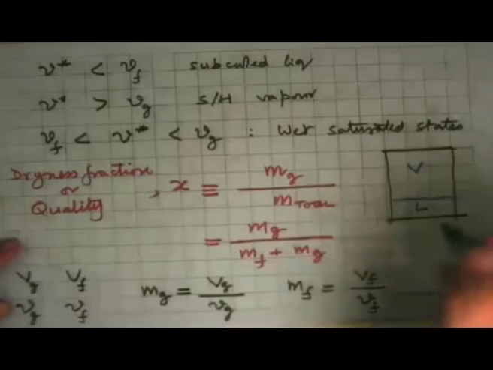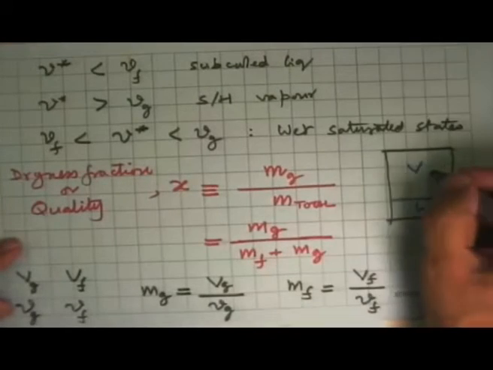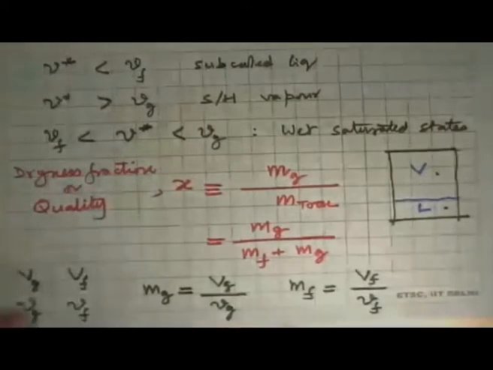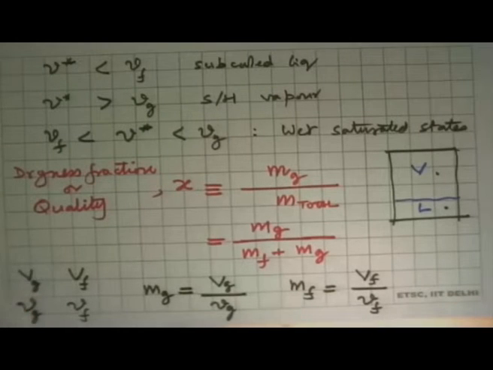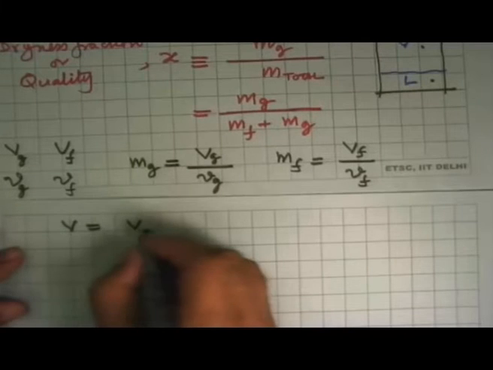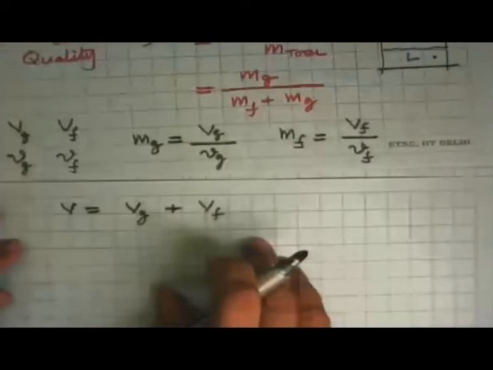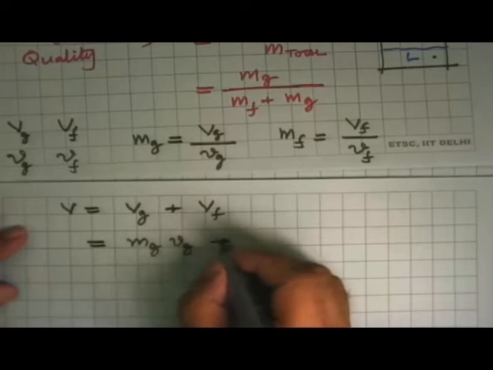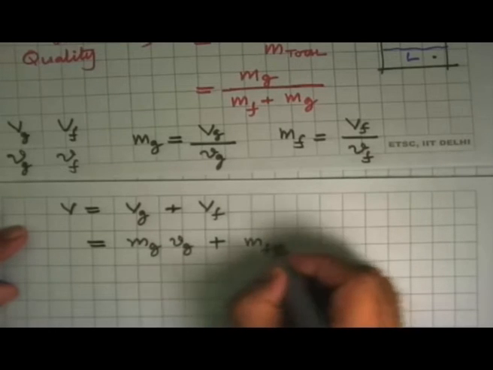Remember that we are just looking at two things here: saturated liquid and saturated vapor. They are in thermodynamic equilibrium. So we exploit the fact that V is equal to Vg plus Vf, and substitute. We get that the total volume is mg vg plus mf vf.